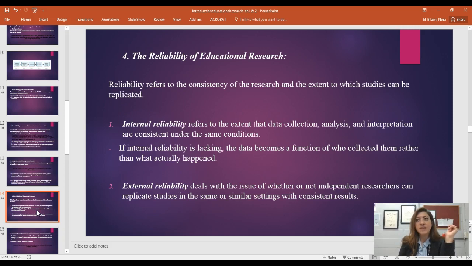If anything happened midway of your data collection, you'll have to report this. A specific environment, a specific factor that really might hinder the process. Students are very tired, rainy day, exams all day, whatever condition that happened midway, you need to report this in order to make sure that you are reporting internal validity, reliability, and that the result is reliable in that sense.